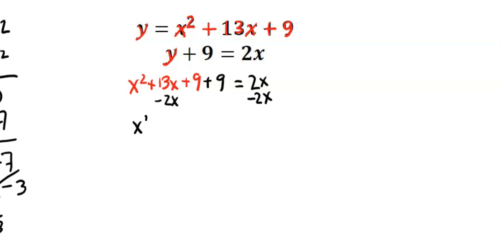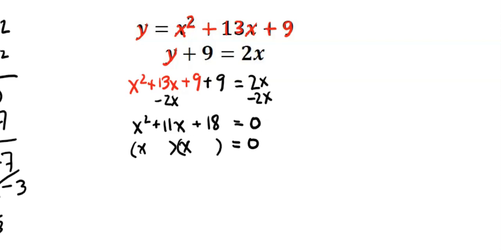And I get x squared plus 11x. 9 plus 9 is 18 equals 0. And then I'm going to factor this. And I get x times x.